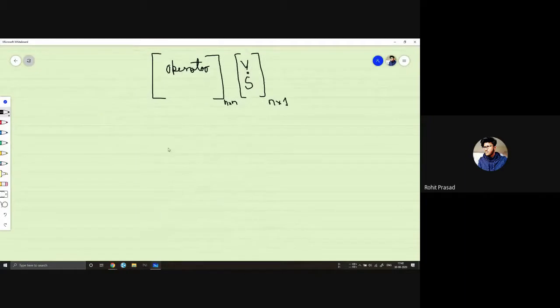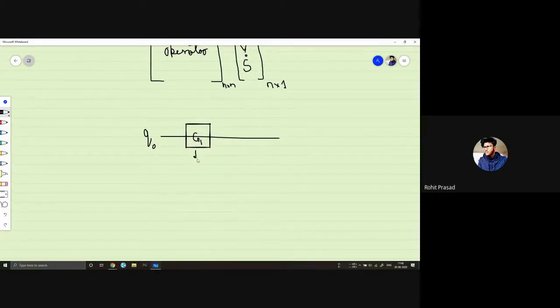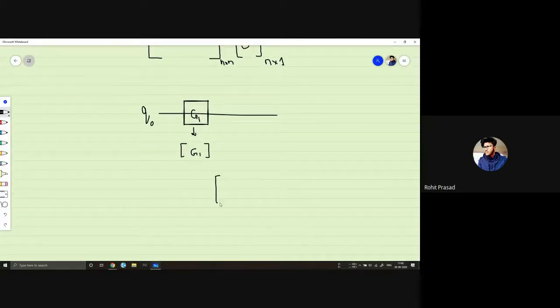Starting with just one gate, let's say we have only G1, which has a matrix. How will this act? It will be the G1 matrix acting on our Q0.